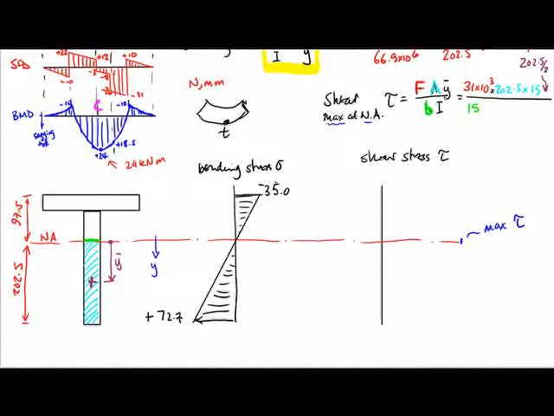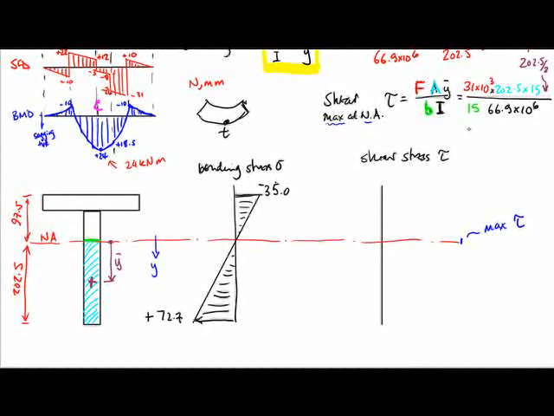Now that leaves us with I, which is for the overall cross section. Sometimes people mistake I for the second moment of area of this area. No, it's not. I here is the second moment of area of the overall cross section, which we found a bit earlier as 66.9 times 10 to the 6 millimeters to the 4.